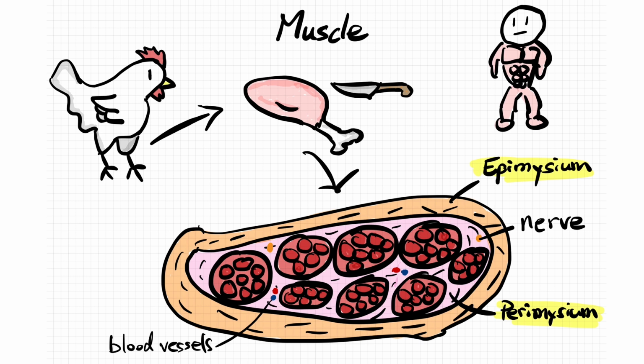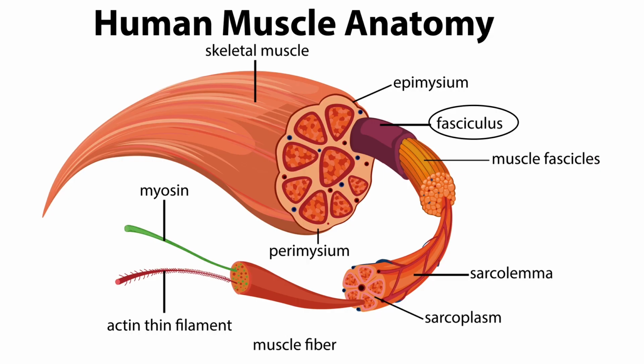Under the actin-myosin is the perimyosin, which is a connective tissue layer that surrounds bundles of muscle fibers called the fascicles within the skeletal muscle. And fascicles are groups of individual muscle fibers that work together to generate force.